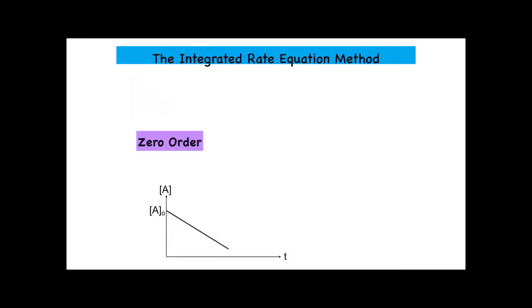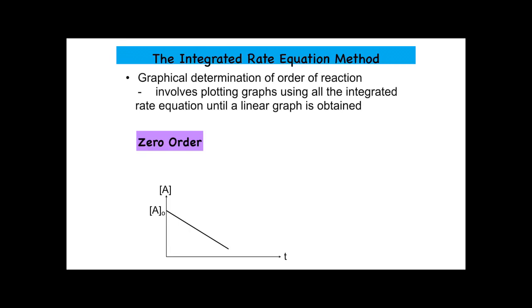If the reaction is zero order, a linear graph is obtained if you plot a graph of concentration against time. The gradient of the slope will be the rate constant of the reaction.